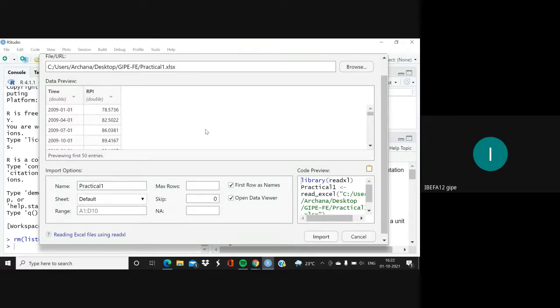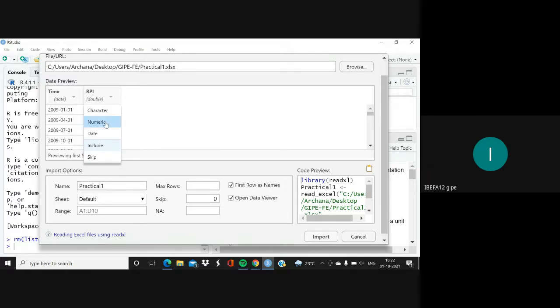Okay. Now once you have opened it, wherever you see time, change that to date. Just click on this down arrow, change it to date. And here change this to numeric.